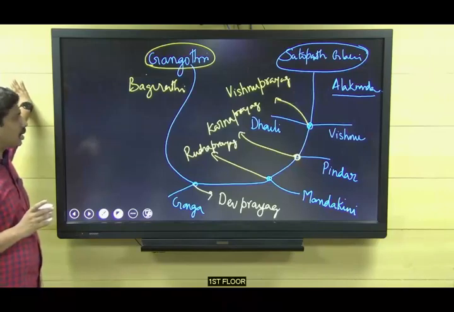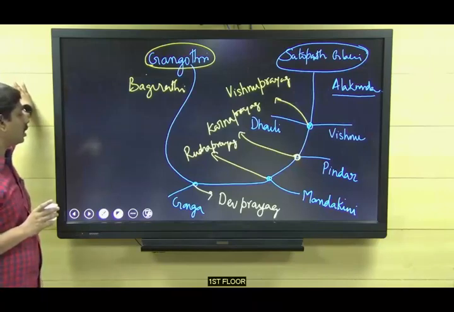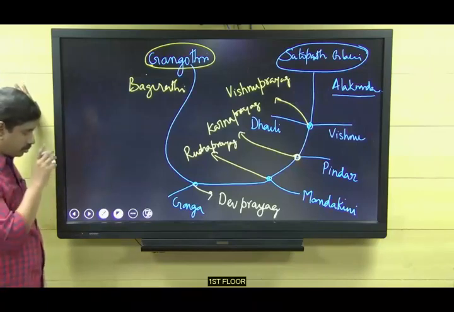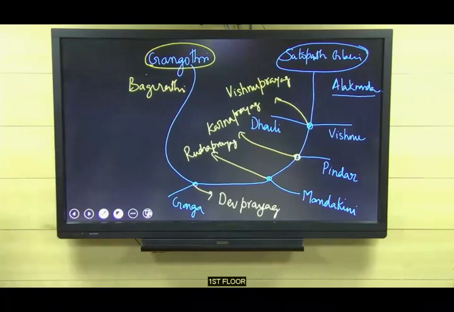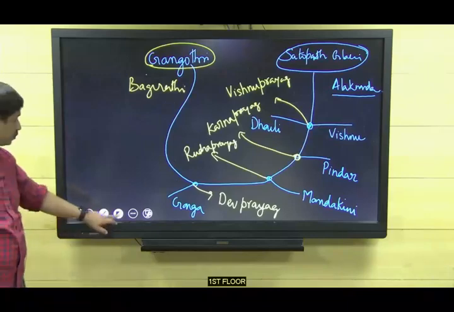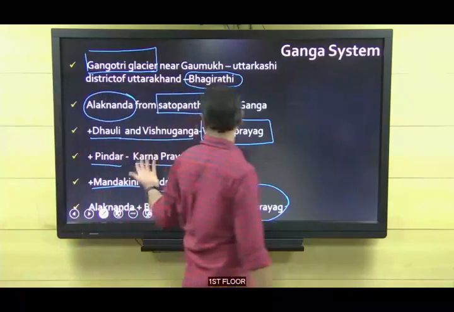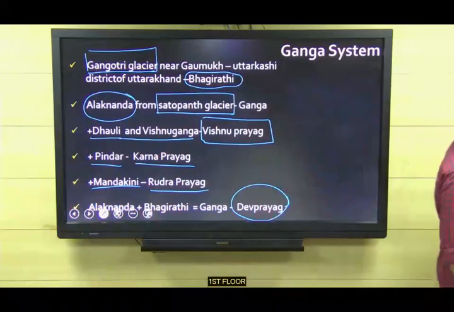All the blue lines are river and yellow lines are the labeling. Okay, that is done. The slide is also having the same information.